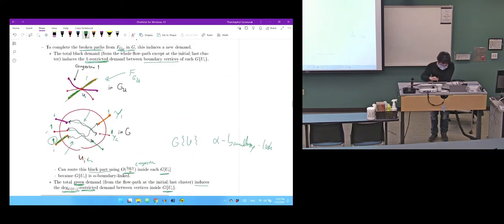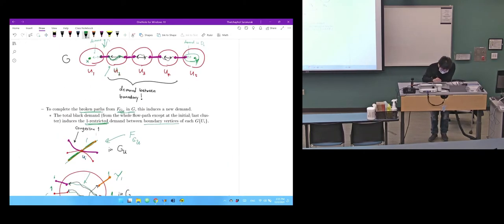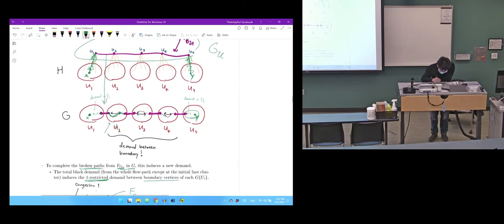First of all, X might want to send to many Y, like Y2, Y3, and so on. So there will be a demand from X to something else here, to something else here.